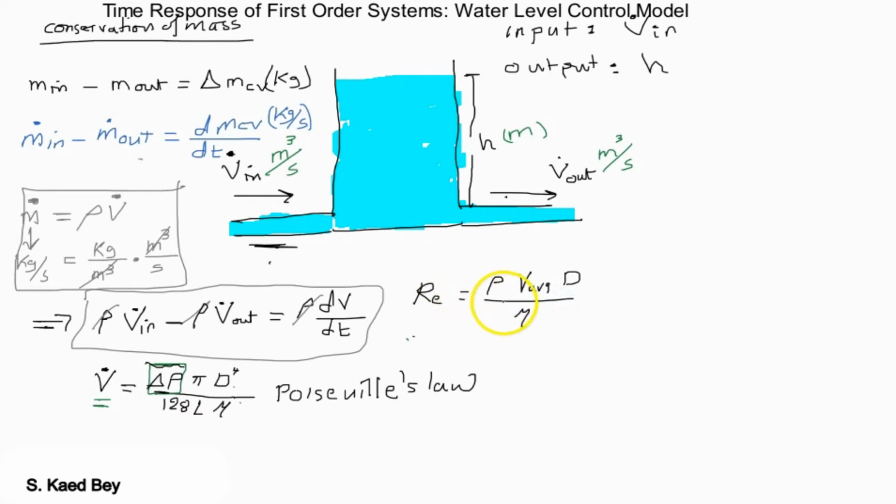Once you calculate the Reynolds number, you will be able to tell if you are in laminar flow or not. If you recall the Reynolds number from fluid mechanics, if you obtain a Reynolds number less than or equal to 2300, then you are in laminar flow.